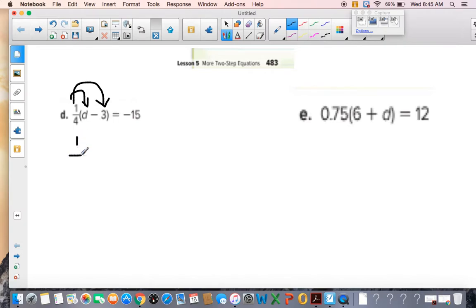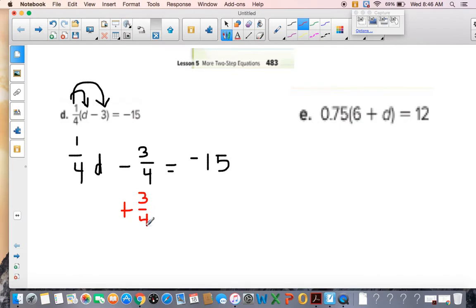You end up with 1/4 d minus, and here 1/4 times 3 gives you 3/4, and that still equals negative 15. And then you just go through the process like you're used to, where since this is taking 3/4 away, the inverse operation would be to add 3/4.